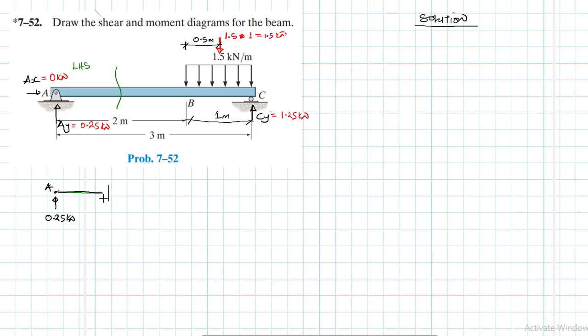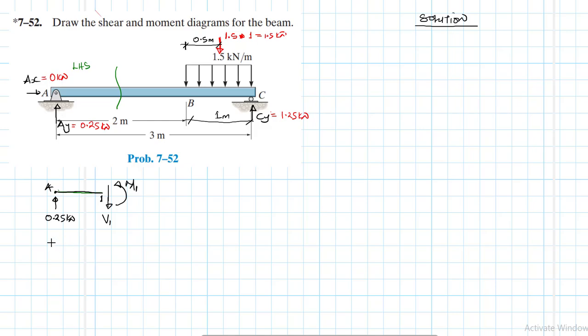Let's call this point our section, section 1. Expect shear in this direction for our convention, and then we also expect M1 there.